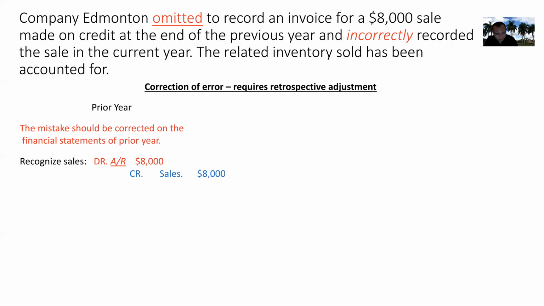You recognize the sales. All right, so what is the income implication? Both AR and sales increased by 8,000. So income equals sales minus expenses. My sales increased by 8,000, so my net income will increase by 8,000, right? That's pretty clear. And then don't forget, we also made closing entries, right?